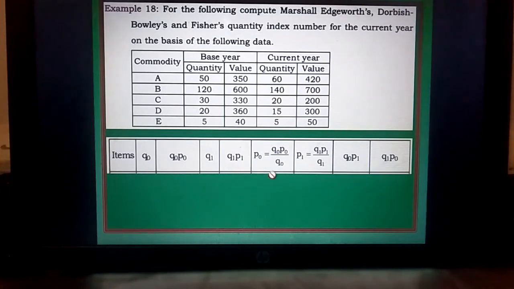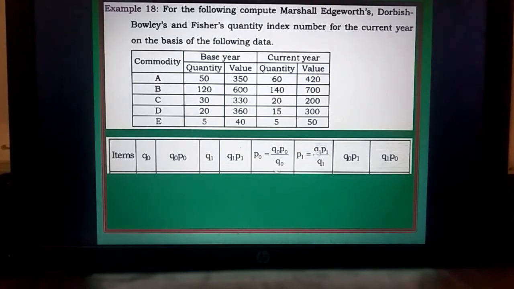Now if we want to calculate P naught, is the price in base year given? No, it is not given. So we need to calculate. P naught is nothing but Q naught P naught divided by Q naught. We had already solved such problems in price index number.